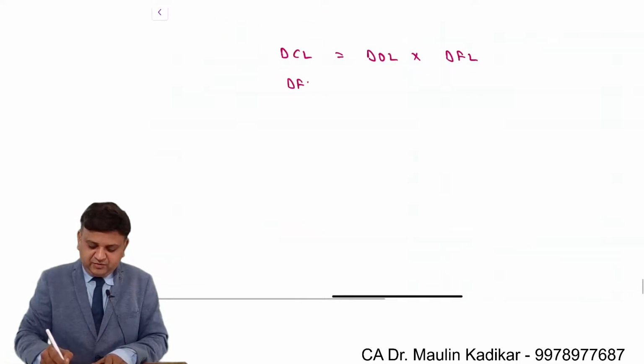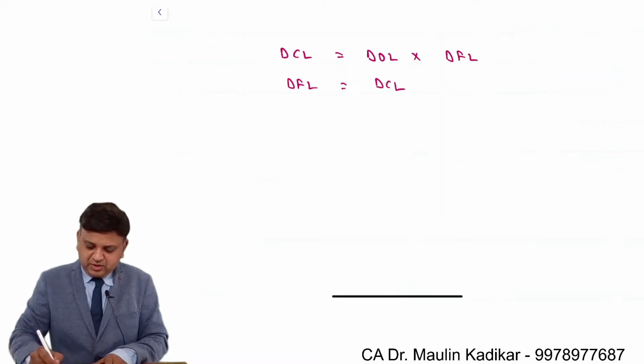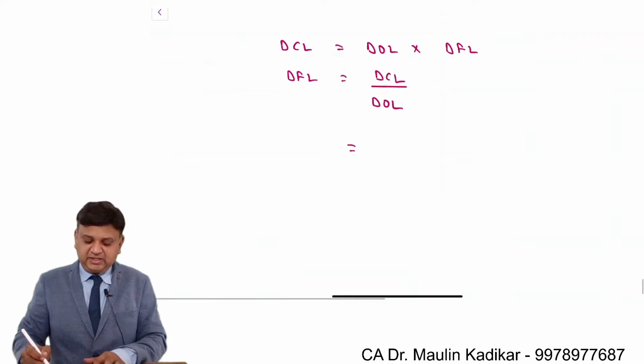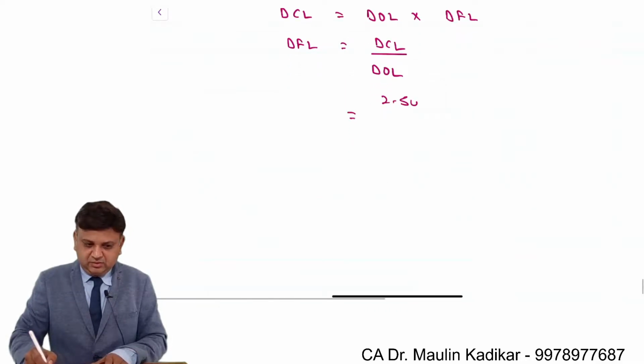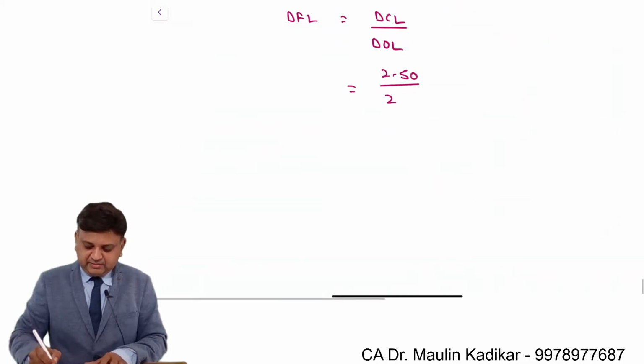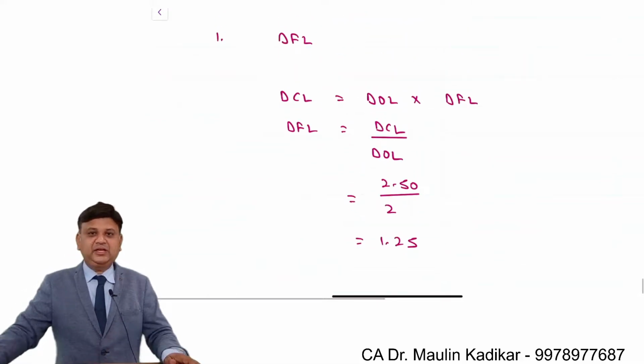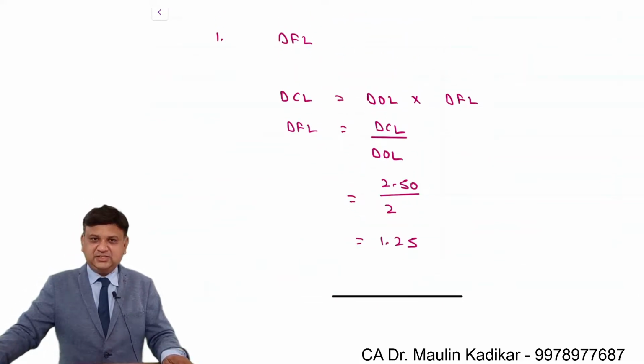So as far as the DFL is concerned, it is DCL upon DOL. DCL is 2.50 divided by 2. That comes to 1.25. That is the way the DFL can be calculated. Please write an answer.